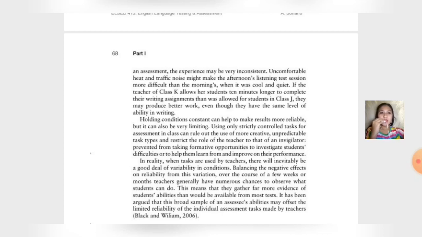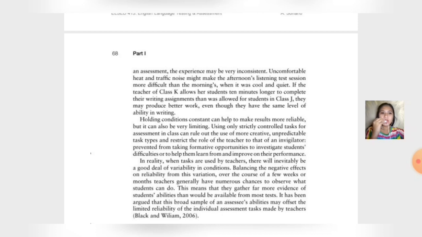In reality, when tasks are used by teachers, there will inevitably be a good deal of variability in conditions. Balancing the negative effects on reliability from these variations, over the course of a few weeks or months, teachers generally have numerous chances to observe what students can do.